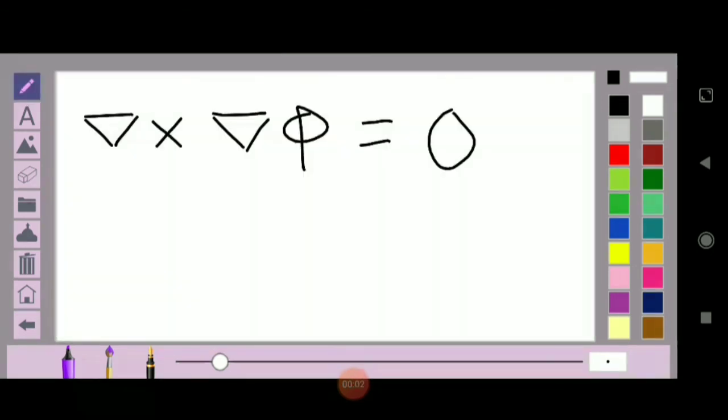As I have told, we have already calculated that the curl of grad phi is equal to 0. And I must say this is true for any scalar function. So keep in mind, whenever a scalar function is given in any problem, without calculating and without doing anything rigorous, you can easily tell that curl of grad phi will be 0. Remember, phi should be a scalar function.